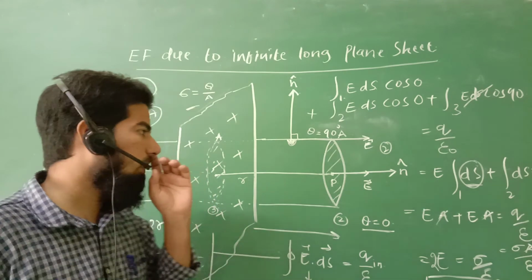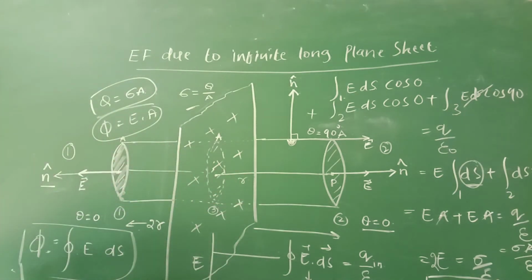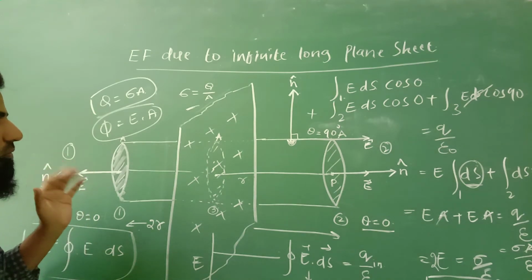Now we also find the electric field. The electric field direction is the same as the area vector direction, perpendicular to the surface in the outward direction.